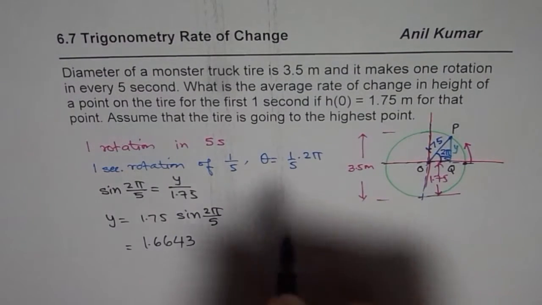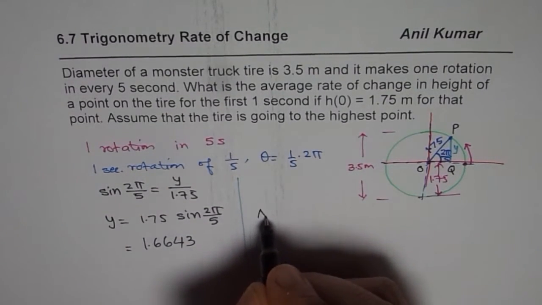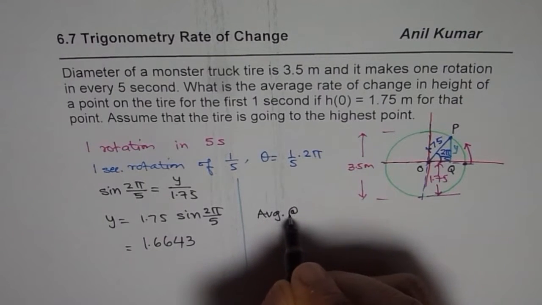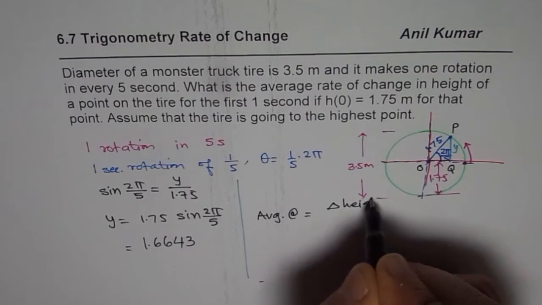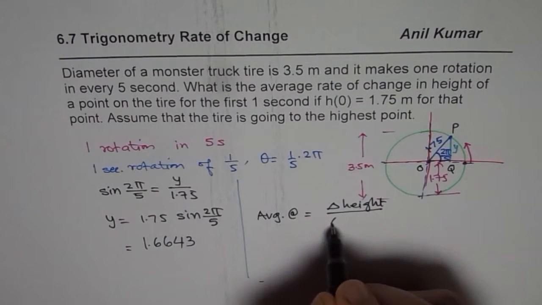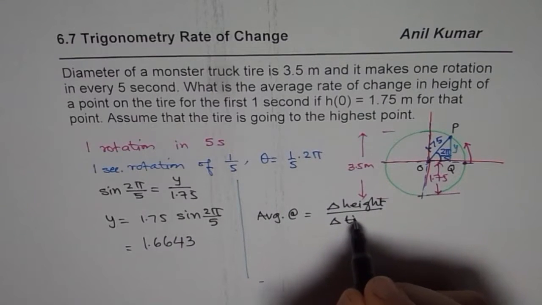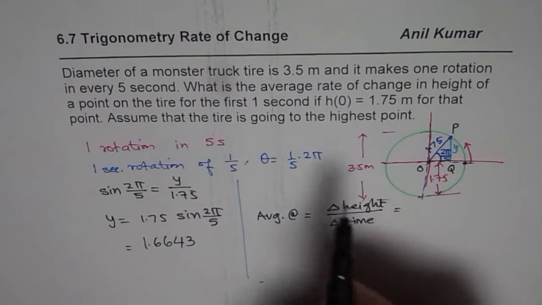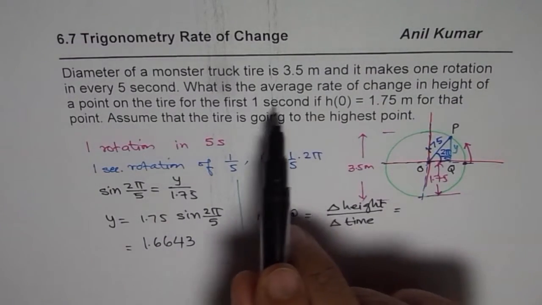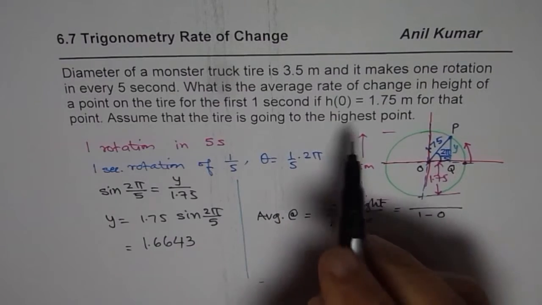Now the average rate of change is equal to change in height over change in time duration. In this particular case, the change in time duration is from 0 to 1 second, so it is 1 minus 0.